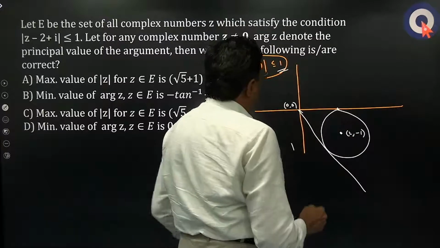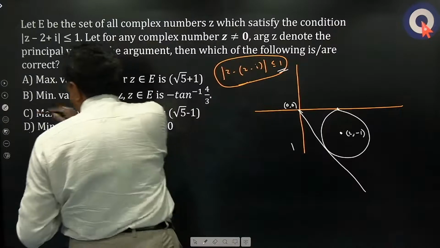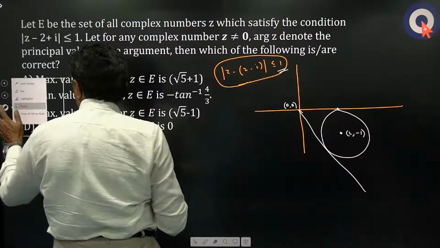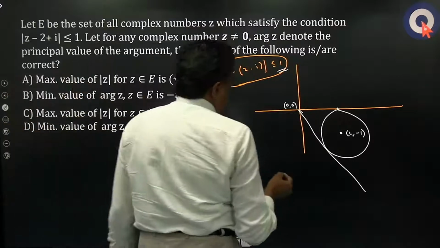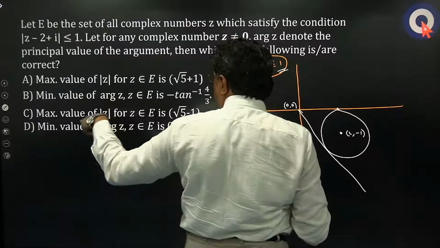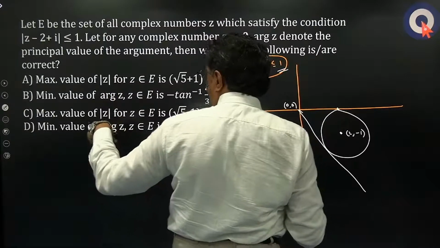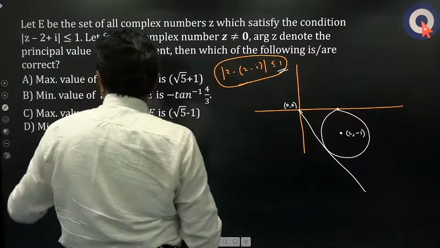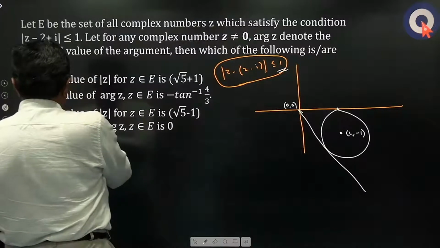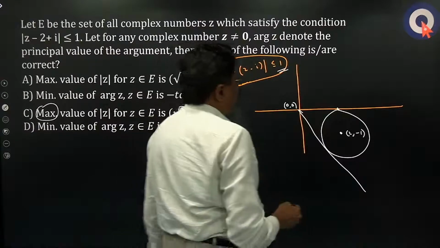And now, we want the maximum value of mod z and minimum value of mod z. Here one of them is maximum and one of them is minimum. Let us see. This could be minimum.